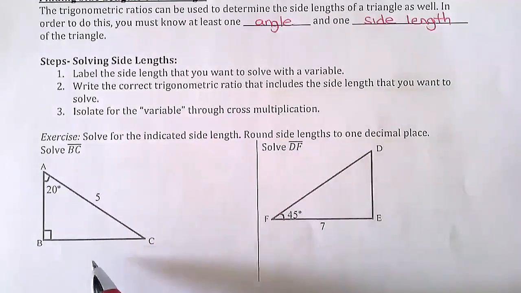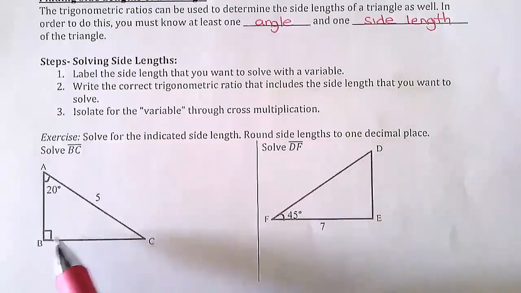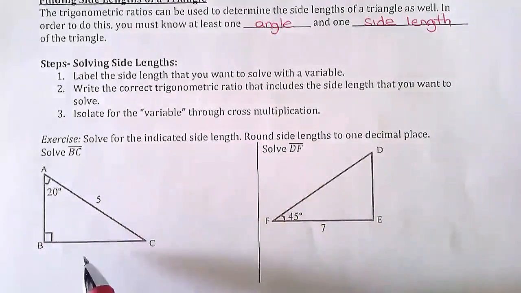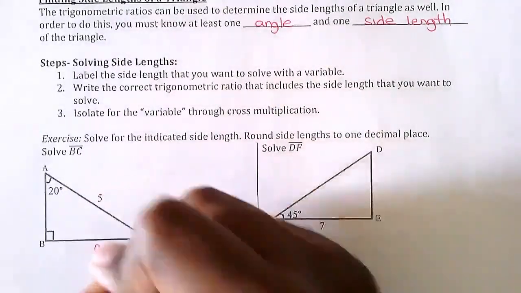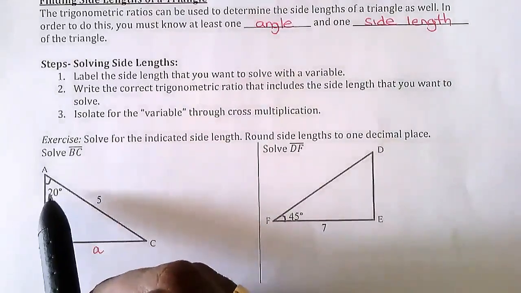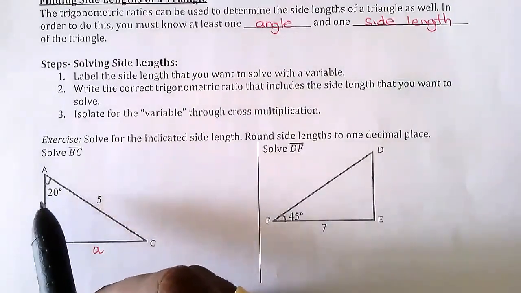So we need to first, as it mentions, label the side that you want to solve for with a variable. We've learned how to name side lengths. We know that a side and its opposite angle should share the same letter. So this is A, so this should be a, the lowercase version of A. The second thing we have is that we are given an angle of interest.